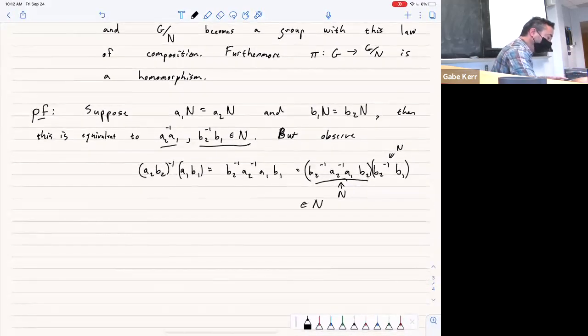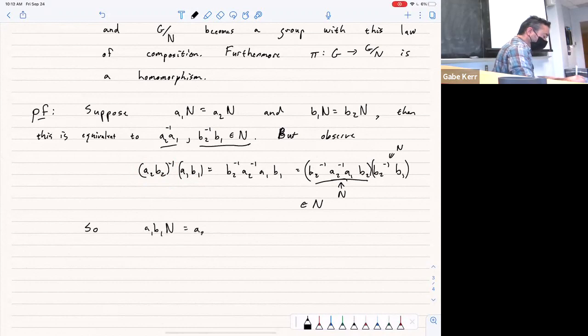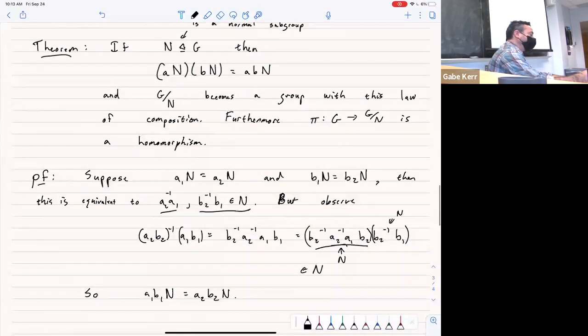This is in N. So what that means, again, this something inverse something else being in the subgroup, is equivalent to the left cosets being equal. So a1b1N is a2b2N, proving that this is a well-defined operation.